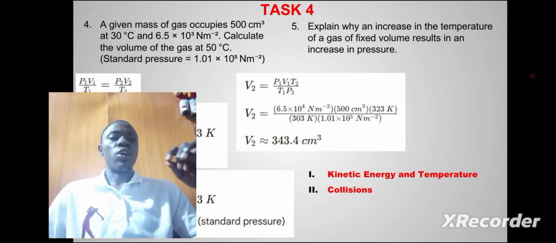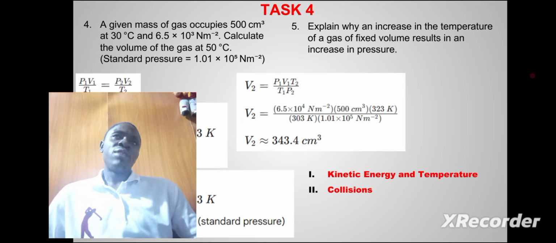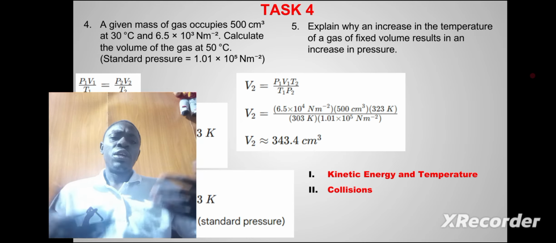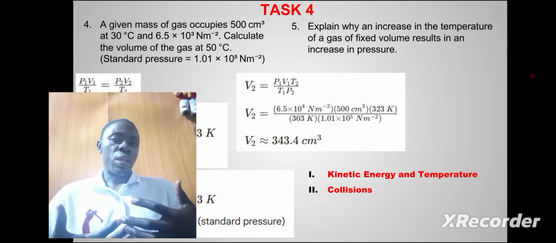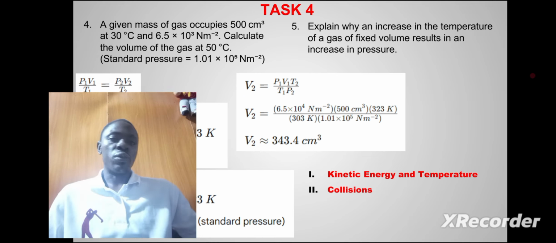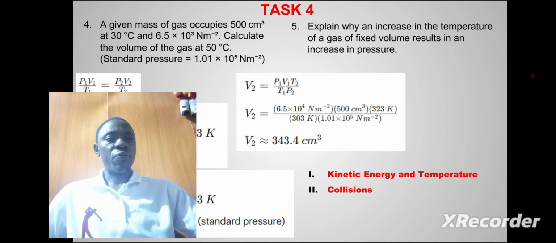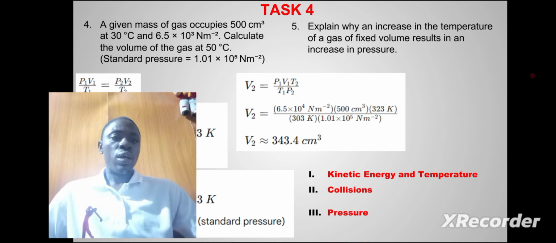Another reason is collisions. When molecules are moving at high speeds, it means they collide more often. They collide more frequently with themselves and the walls of the container, thereby exerting more pressure. That's another reason why increased temperature leads to increased pressure.